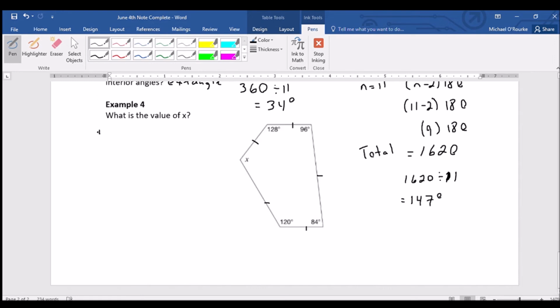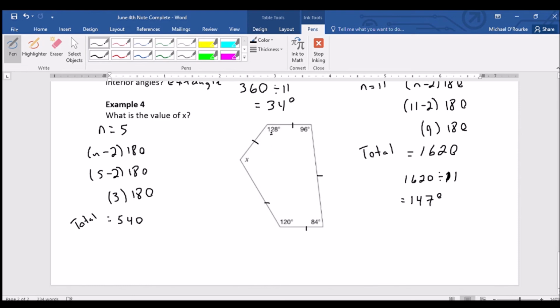So my n equals 5. To find my total interior, I use my formula: n minus 2 times 180, which is 5 minus 2 times 180, which is 3 times 180. That's 540 degrees. So that's the total.